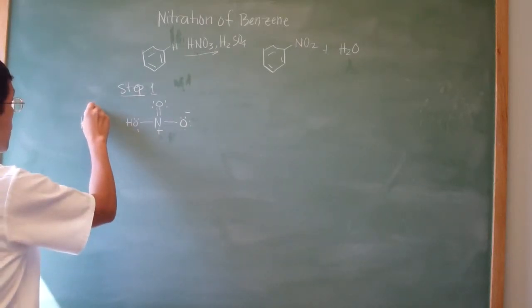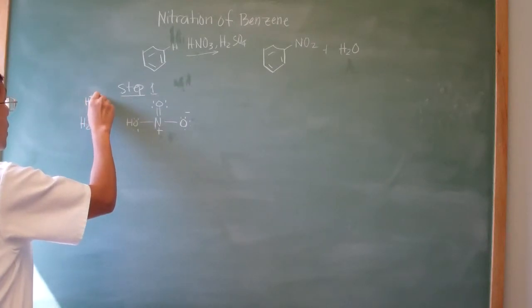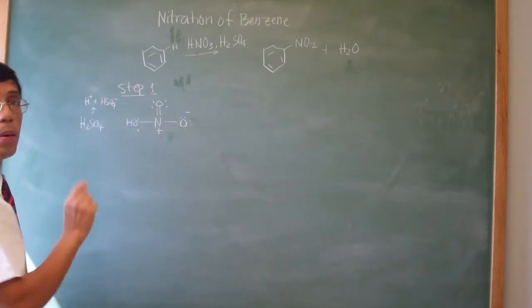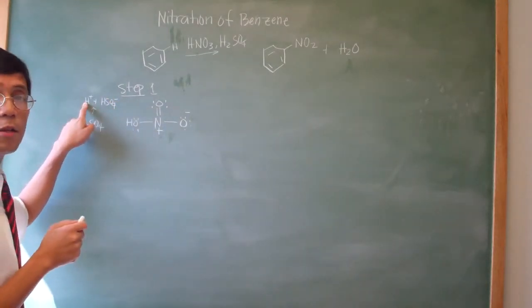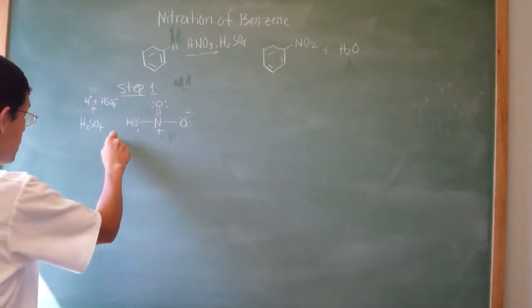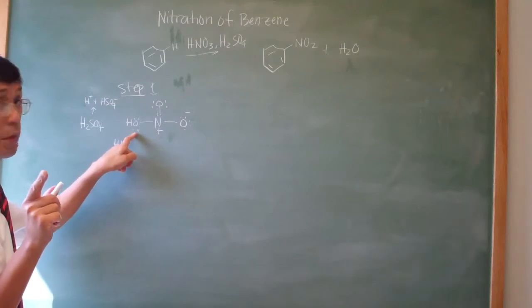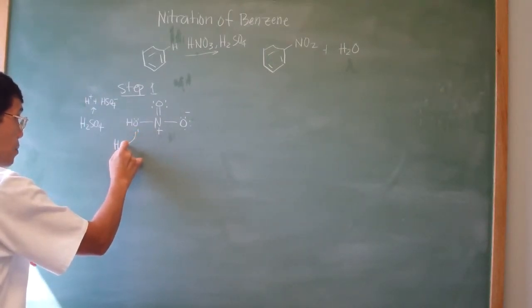So in solution, H2SO4 becomes H plus and HSO4 minus. Alright, so this is what happens. You have a lot of H pluses floating in solution. So one of the lone pairs on that oxygen grabs that H plus.